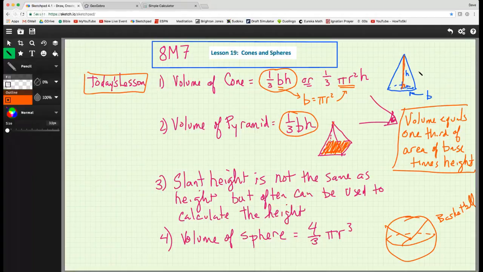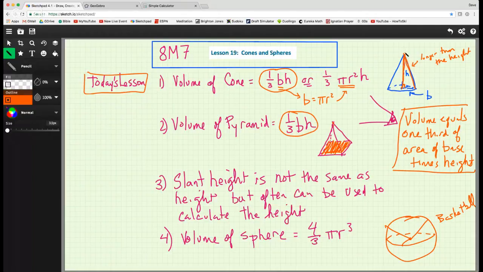That's our height. Now our slant height is different. It's from the vertex down the edge of the cone to the bottom. And so this will be longer. The slant height is longer than the height, right?